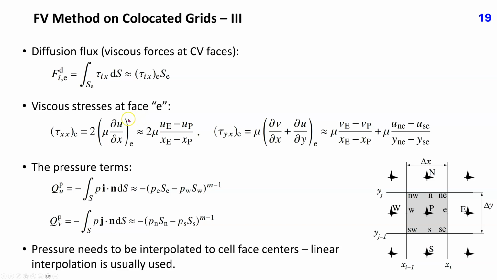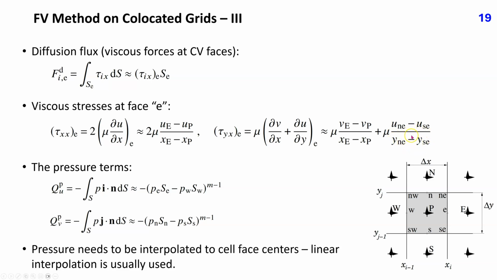The derivative of u in x direction is approximated as the difference between values at nodes E and P divided by distance. The same kind of approximation is used to compute the shear stress at the east side for v velocity. Velocity values at cell corners need to be computed by interpolation.